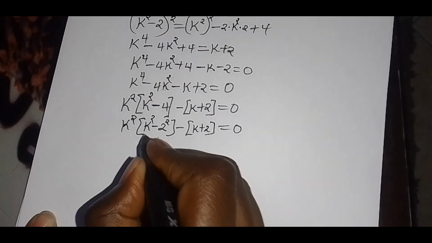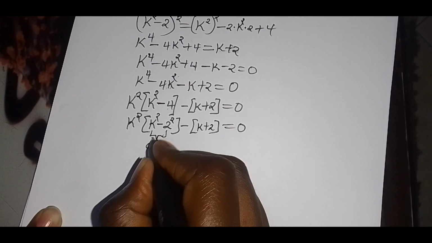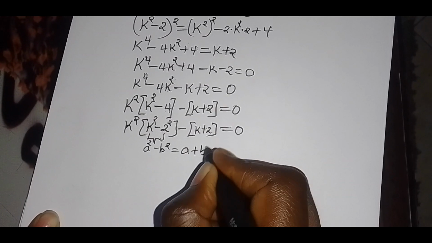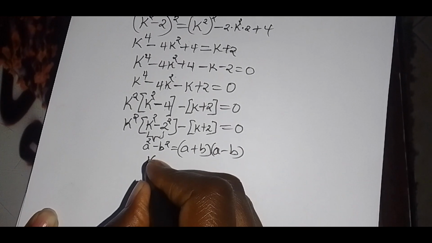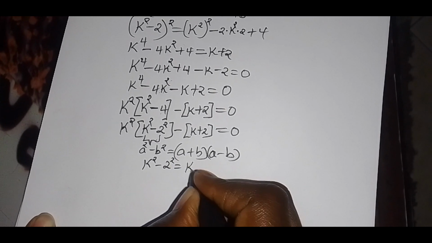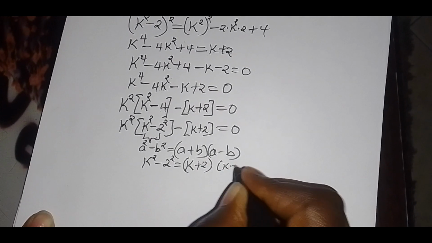Now if you check this part, this is the difference of two squares, expressed as a squared minus b squared, which is the same as (a plus b)(a minus b), so that k squared minus 2 squared can be expressed as (k plus 2) and (k minus 2).